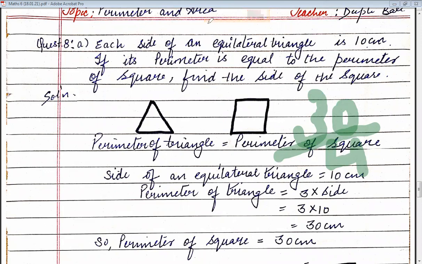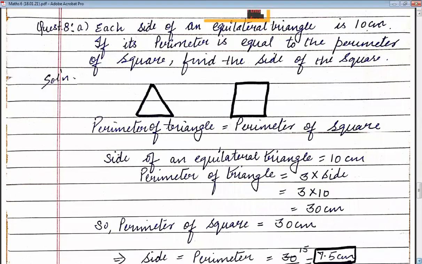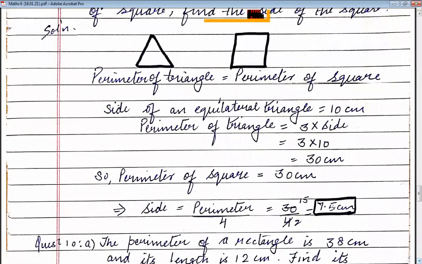After cancellation, your answer is, have you got your answer? Now just divide 30 by 4. Your answer will be 7.5 centimeter. What is your side? 7.5 centimeter. So now children, you can say that the side of this square is 7.5 centimeter.